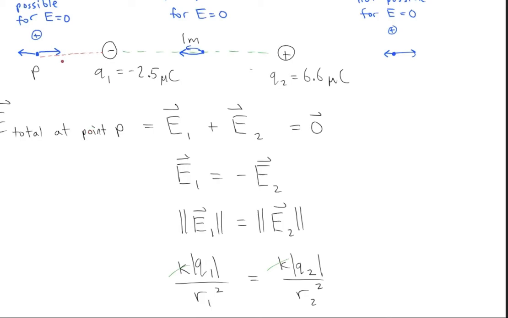So I can call the distance from the negative charge just x. Okay, so x is r1, right? So I just want to replace r1 with an x. Now when it comes to r2, that's a farther distance.